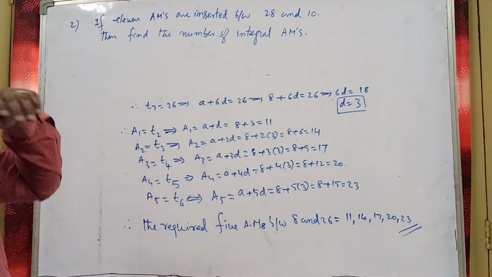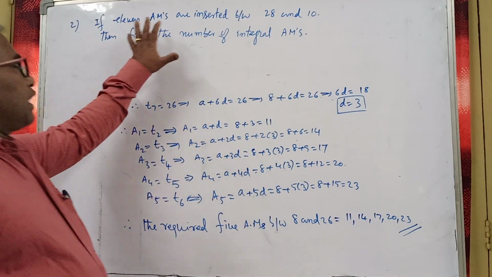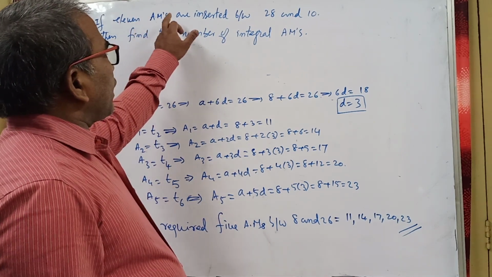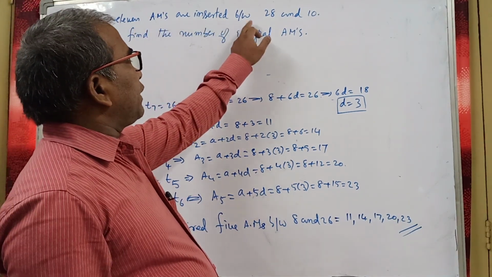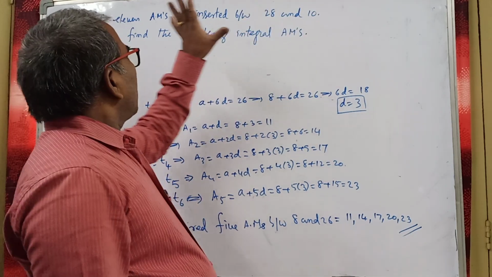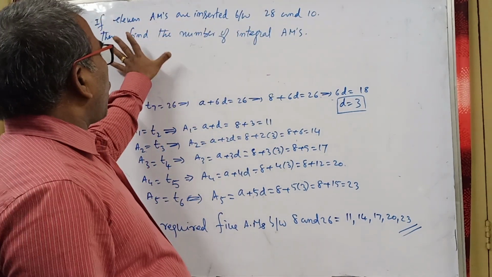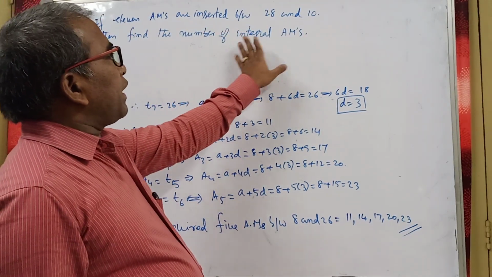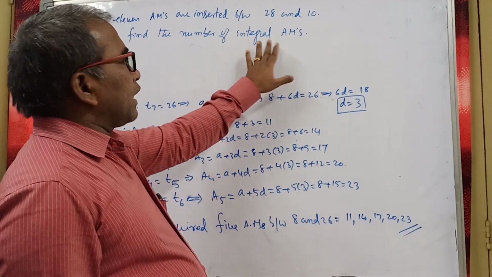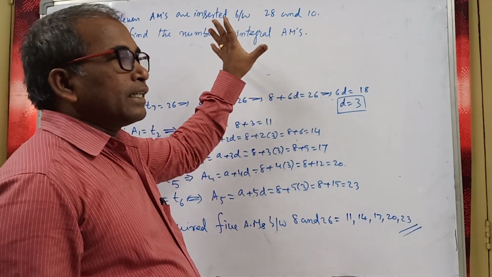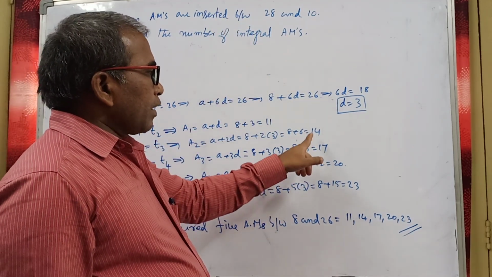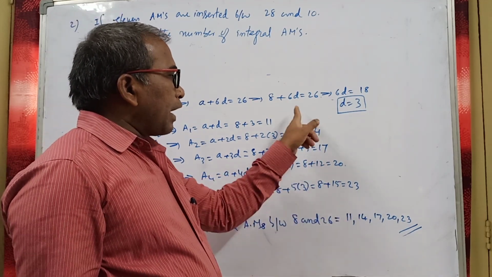First you need to understand the question. If 11 arithmetic means are inserted between 28 and 10, out of 11, how many AMs are integrals? Means they are integers. Earlier problem, see, these 5 are integers.